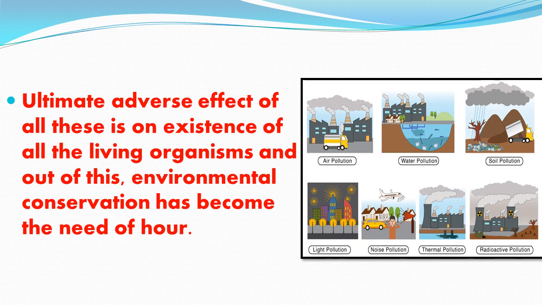So due to all the types of pollution I have described, in the alongside picture you can observe air pollution, water pollution. Due to all kinds of pollution there is an adverse effect on all living things, the existence of plant life, animal life, every living organism is getting endangered. So that is why environmental conservation has become the need of the hour.